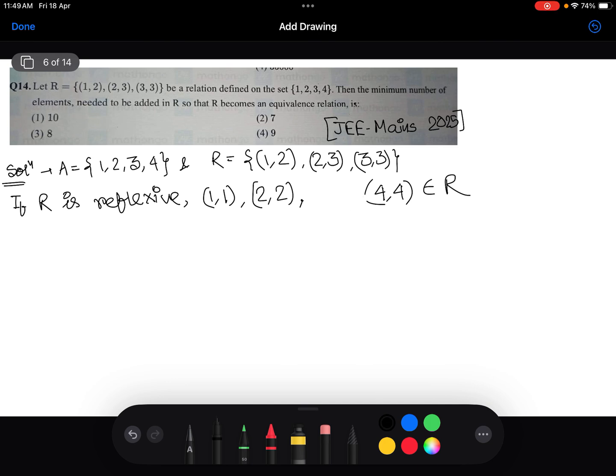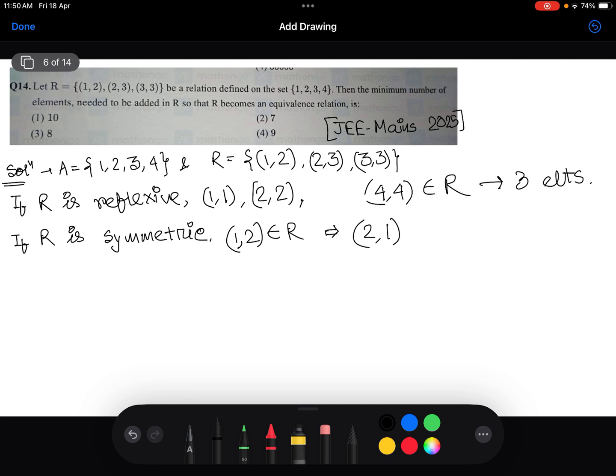Now for symmetricity, if R is symmetric, then what do we need to do? Suppose R is symmetric, then we have (1, 2) in R. That implies (2, 1) also has to be in R because it is symmetric.